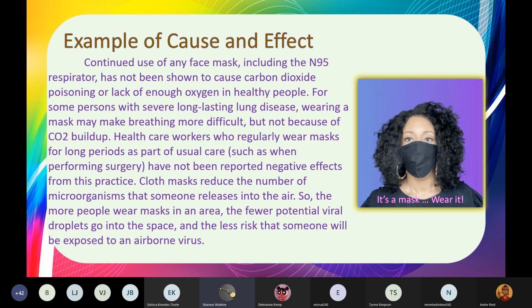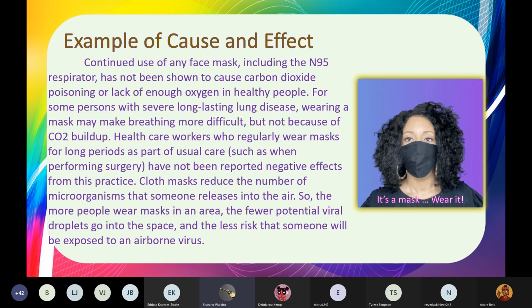For some persons with severe long-lasting lung disease, wearing a mask may make breathing more difficult, but not because of CO2 buildup. Healthcare workers who regularly wear masks for long periods as part of usual care, such as when performing surgery, have not reported negative effects from this practice.